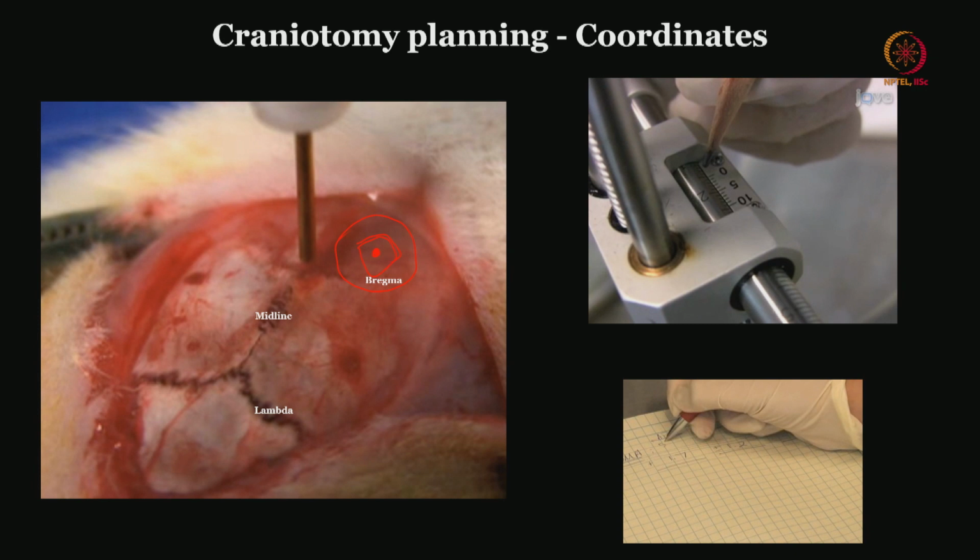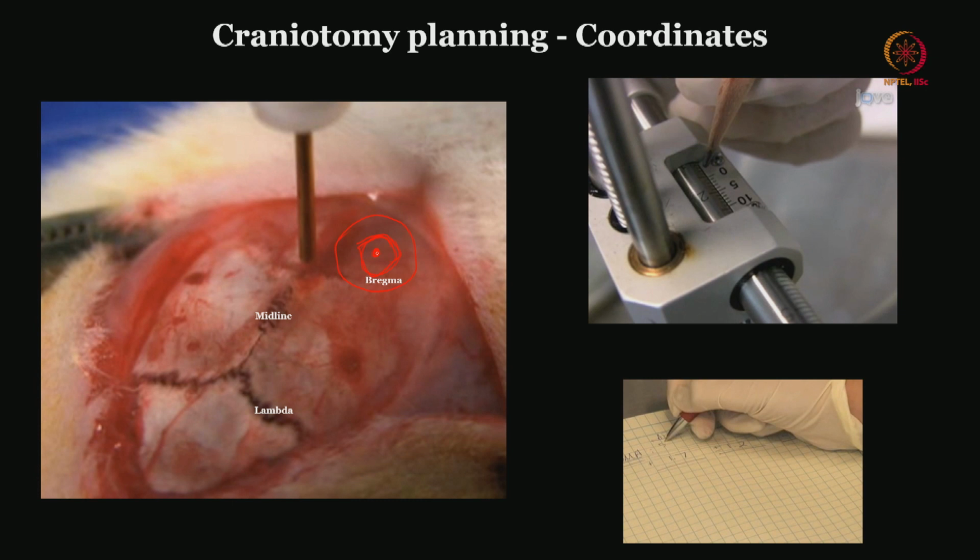So the centering of the experimental tool, the ultimate tool that you're going to use, be it an electrode, a delivery cannula, an optogenetic stimulator electrode, a fiber optic cannula, or n number of peripherals, you need to plan it in the center of your craniotomy, and that center is based on the coordinates.